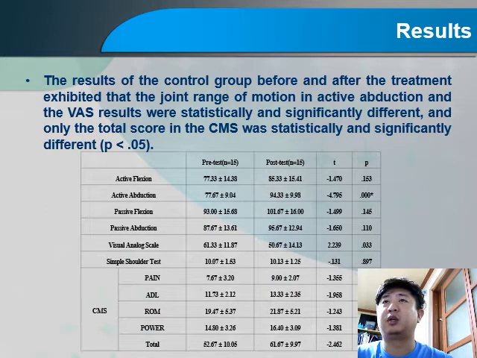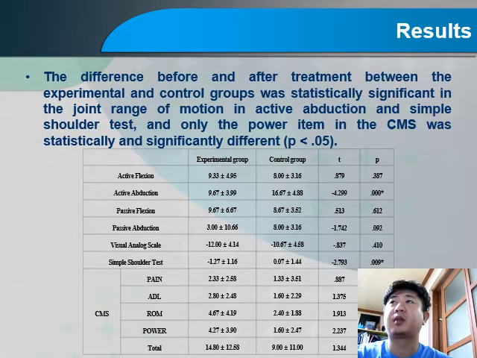Results of the control group before and after the treatment exhibit that the joint range of motion in active abduction and the VAS result were statistically and significantly different, and only the total score in the CMS was statistically and significantly different.